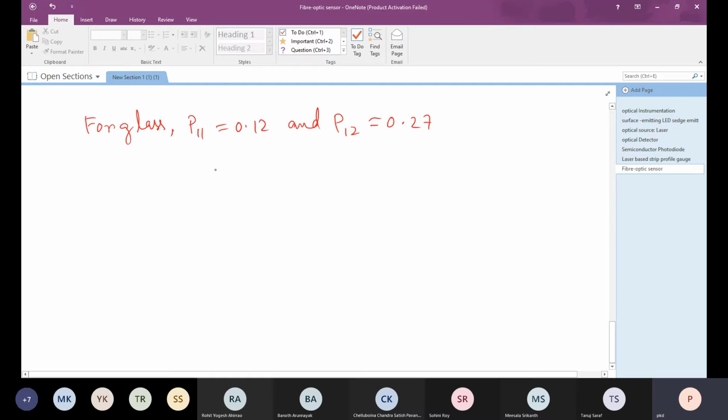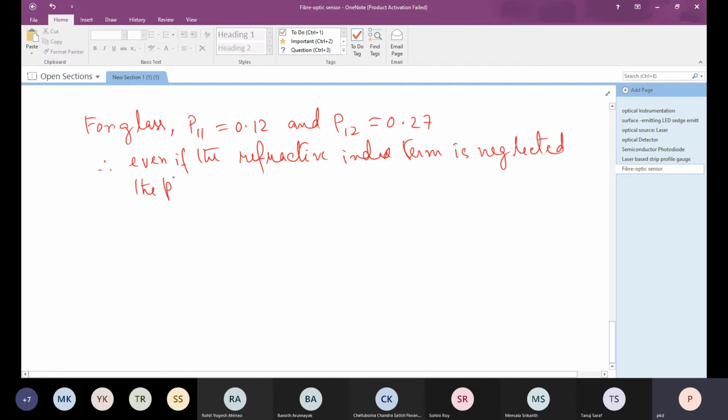So therefore, if we neglect even the second term, the refractive index term, the phase difference error will be within 10%.